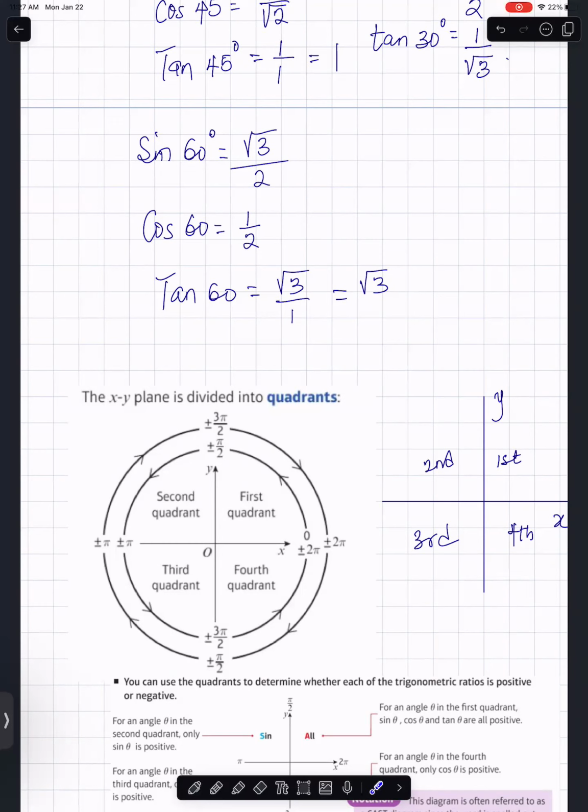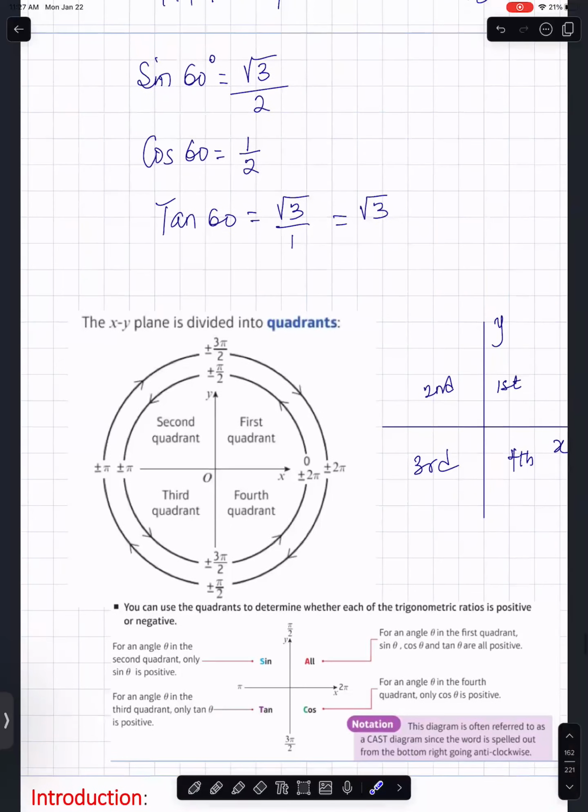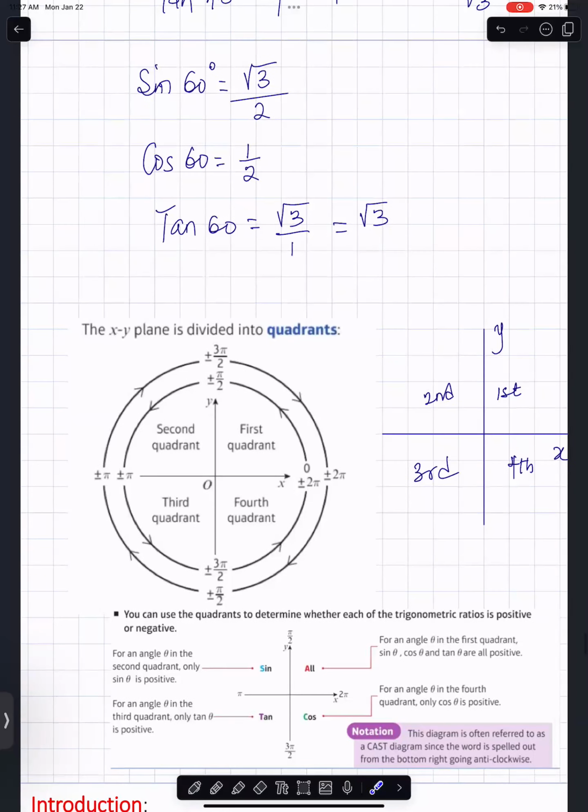You can see it here: the first quadrant, the second quadrant, the third quadrant, then the fourth quadrant, moving in an anti-clockwise direction, and moving in a clockwise direction we have it this way too. So we can use this quadrant to determine whether each of the trigonometric ratios is positive or negative, like I've explained earlier.